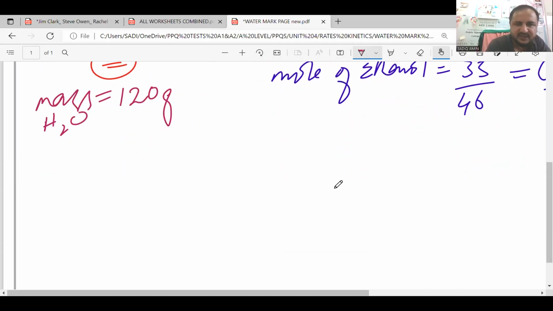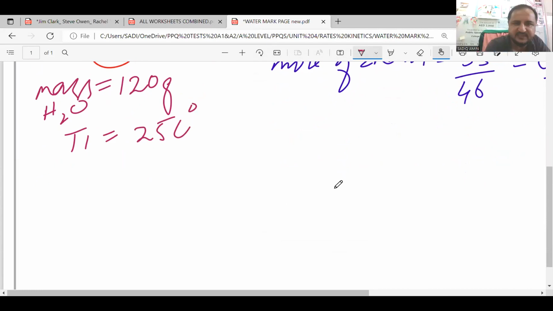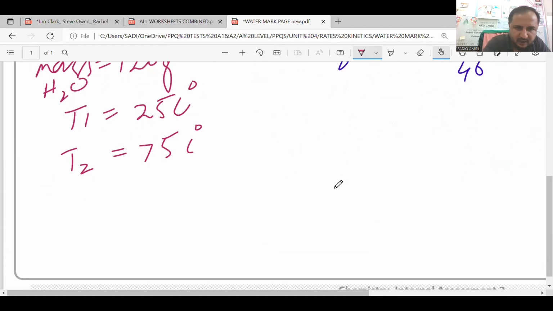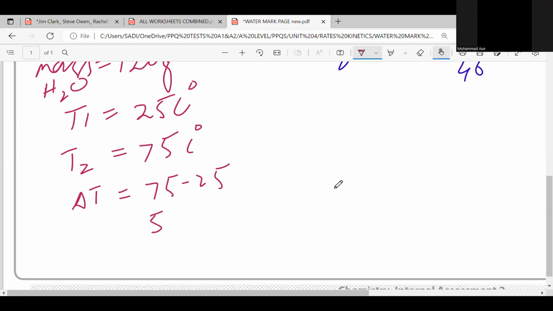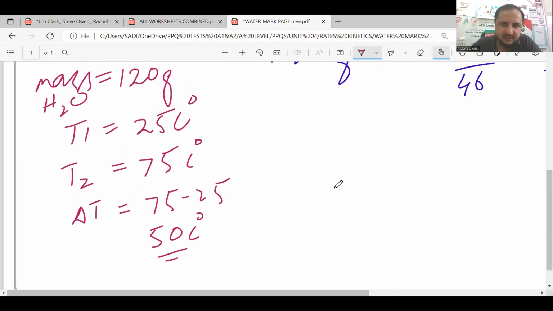Okay, what was the initial temperature, T1, when you started heating it? Let's suppose it was 25 degrees Celsius. And how much was the heat raised up? Let's suppose 75 degrees Celsius. It was risen to 75 degrees Celsius. So how much is delta T here? 75 minus 25. Sir, 50. So 50 degrees Celsius heat is raised up, right?